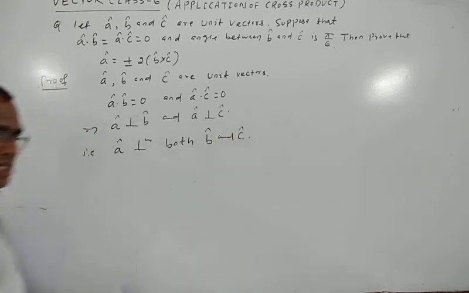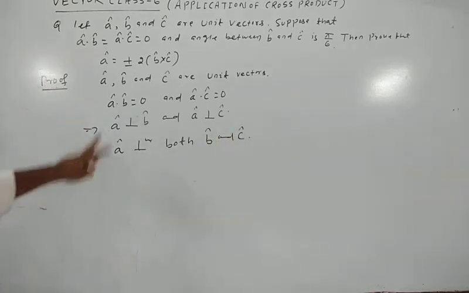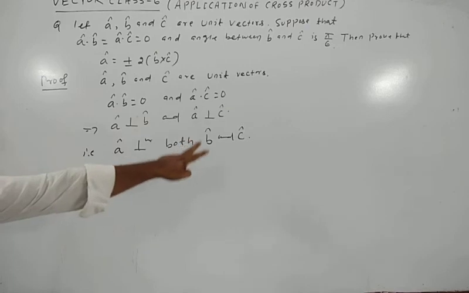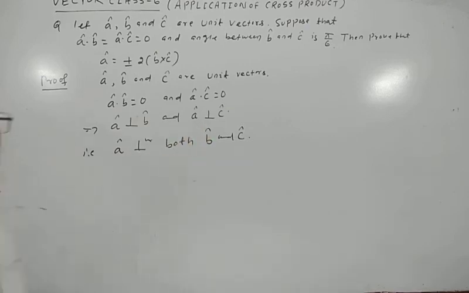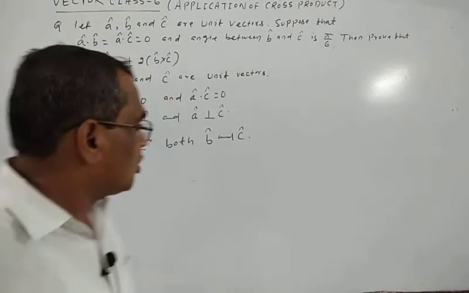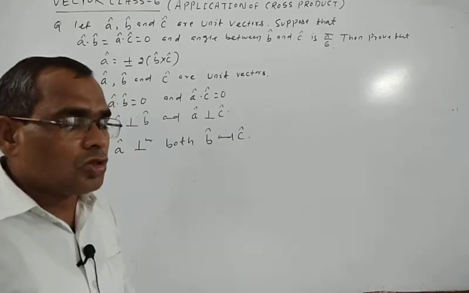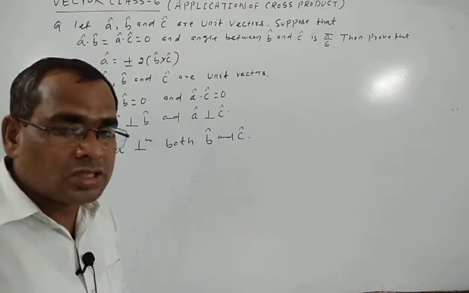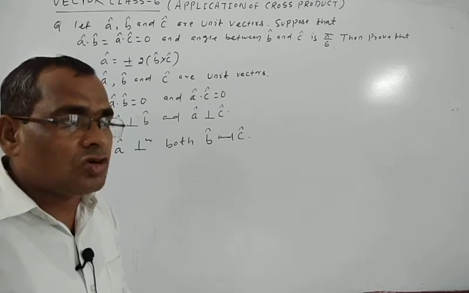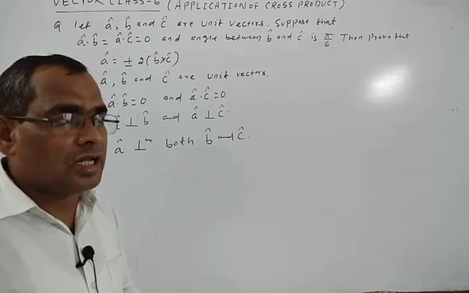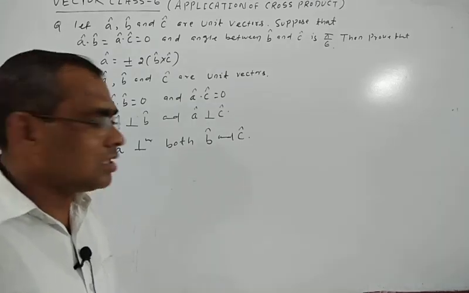Okay, is it clear? A cap is perpendicular to both B cap and C cap. But do you know which vector is perpendicular to B cap and C cap? That is B vector cross C vector. The cross product of two vectors is perpendicular to the plane containing both B vector and C vector.